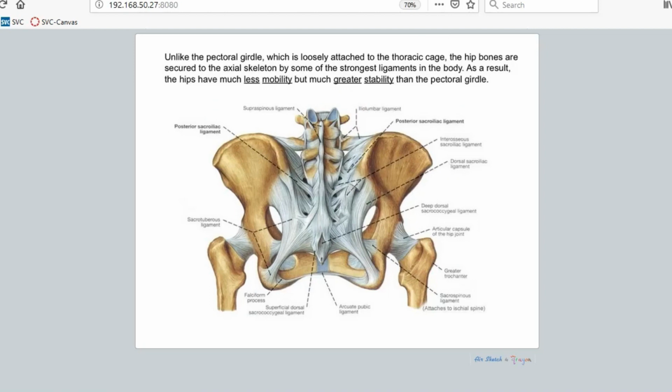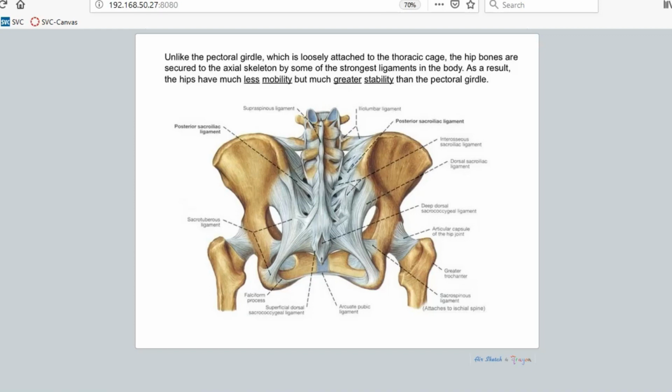So I want to point this out. This is a posterior view here, and the sacrum is essentially right there. And so this is the sacroiliac joint. And what I want to point out here is all these ligaments. Okay, the back of the hip is strongly reinforced with all these ligaments here.